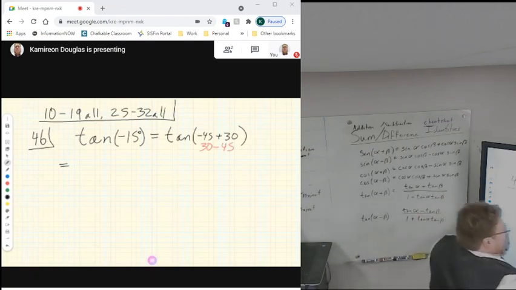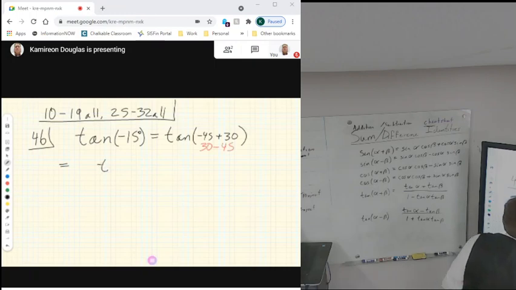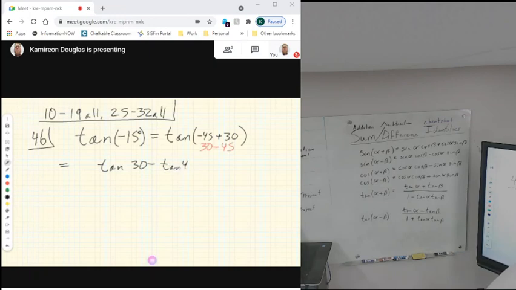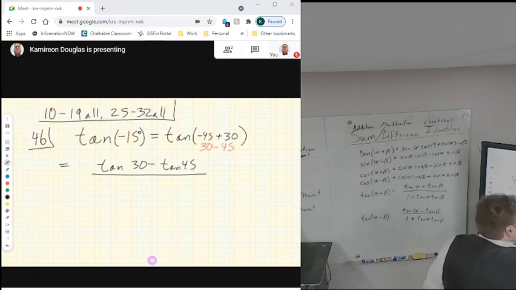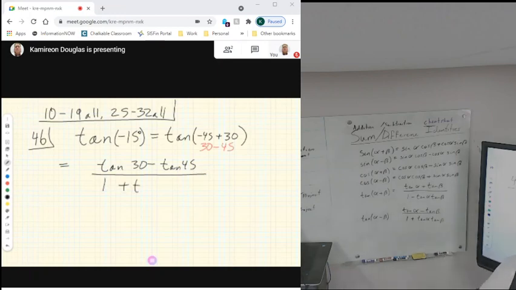We do tangent of alpha, so tangent of 30, minus tangent of beta, so tangent of 45, over 1 plus tangent alpha, tangent beta, so tangent 45.